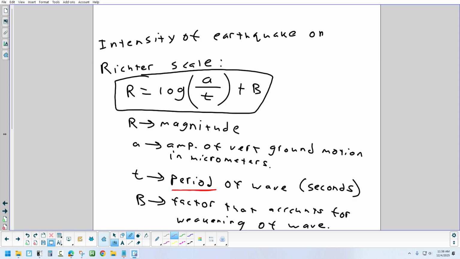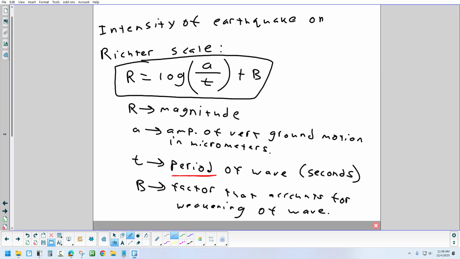And the last thing that affects the earthquake is B, which is a factor that accounts for the weakening of a wave. If you take the same size object and drop it in water and then drop it in a pile of sand, the sand is going to absorb the energy because the sand is all loosely packed.